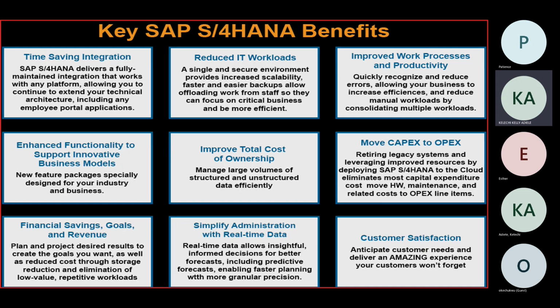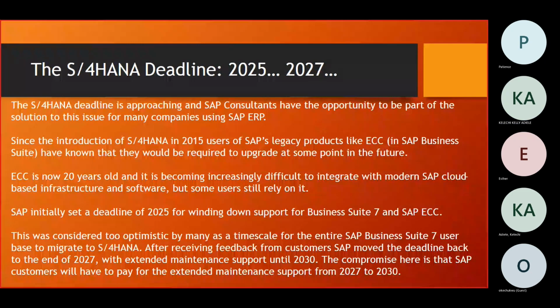The SAP S4HANA deadline 2025, we're looking at also 2027. The deadline is approaching, and of course, this is causing a lot of job opportunities within the SAP system all over the world, especially in Nigeria, in Europe, in the US, and in Canada. The job opportunities for SAP are massive, right?